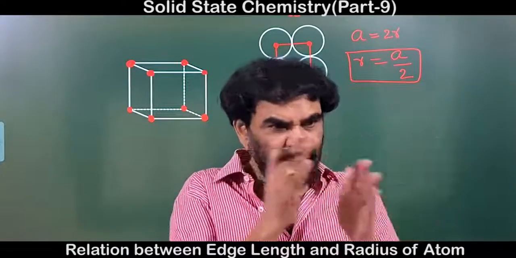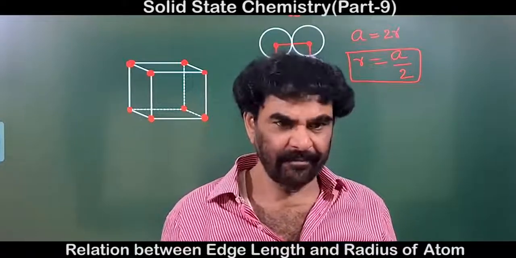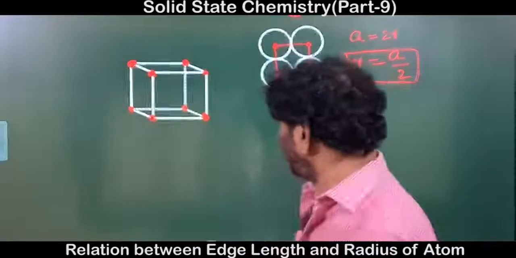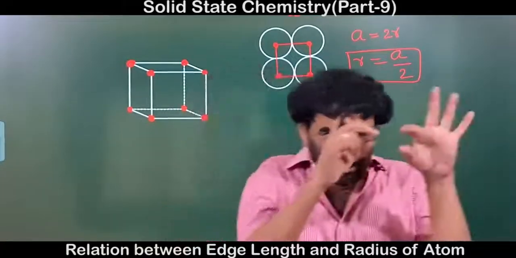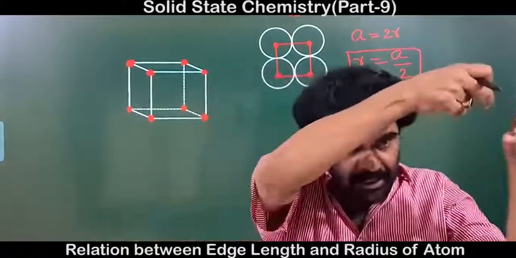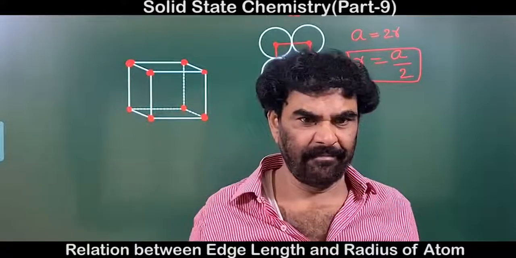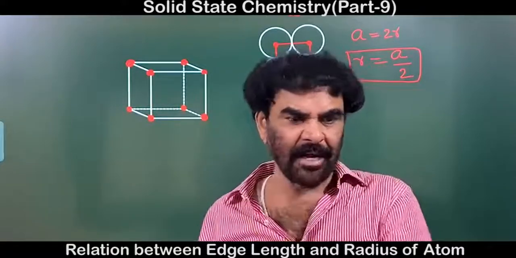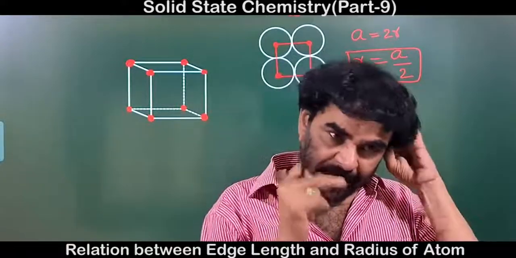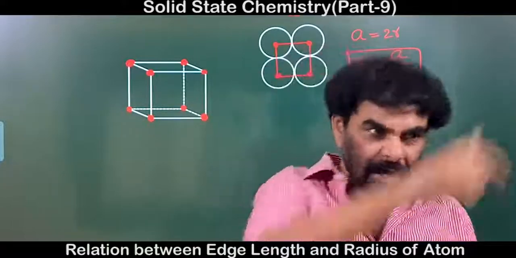In the body-centered unit cell, the atoms which are along the body diagonal are touching each other. The corner atom is touching the body-centered atom, which is touching the opposite corner atom along this diagonal.